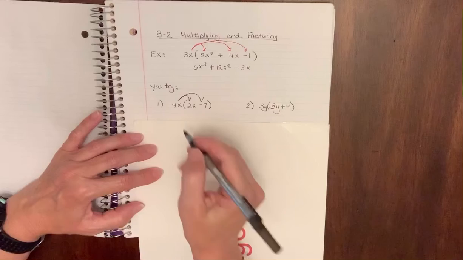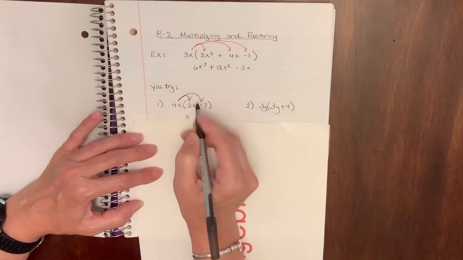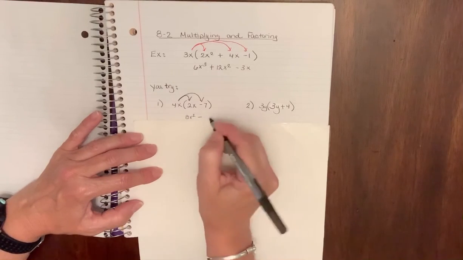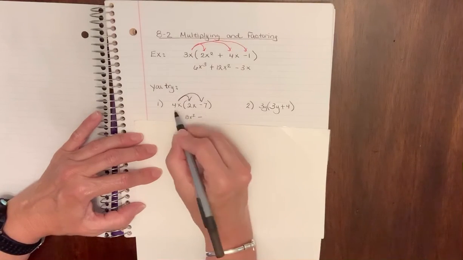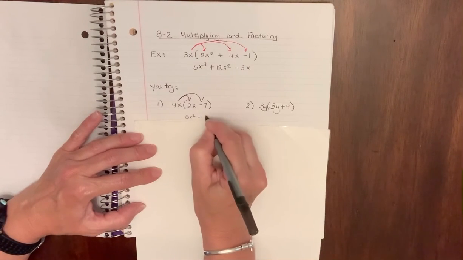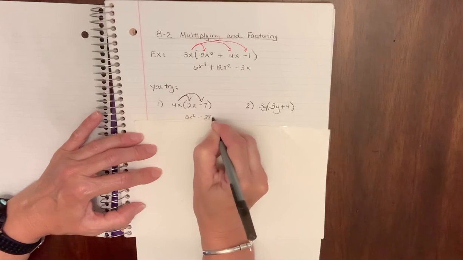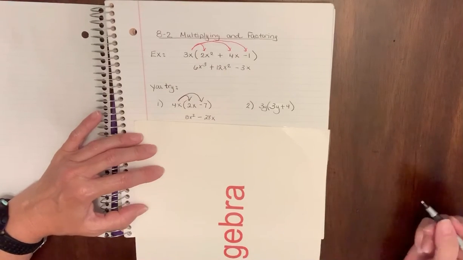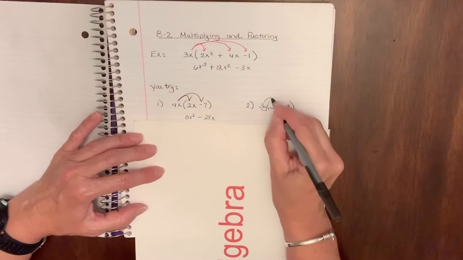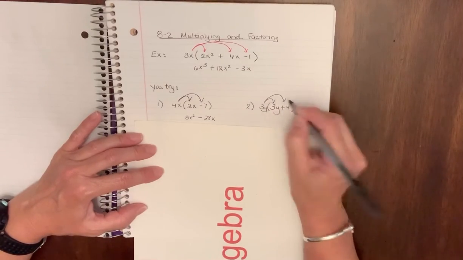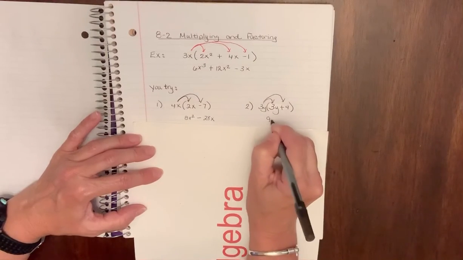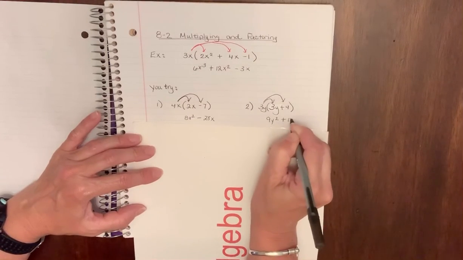So 4 times 2 is 8, x times x gives me x squared, minus 4x times -7 is 28x. Done. For number 2, you're going to take 3y and multiply it times 3y and also positive 4. So that's going to give us 9y squared plus 12y.